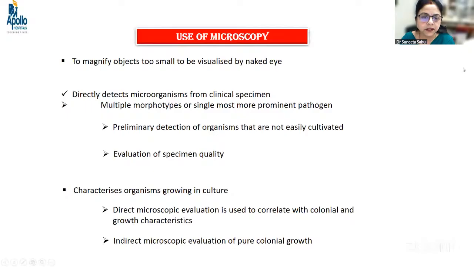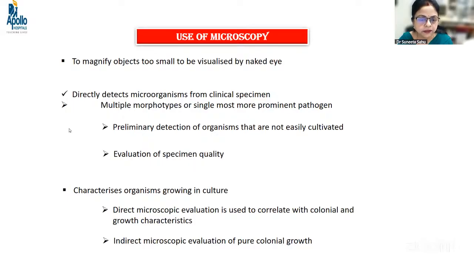Now, similarly, to elaborate more on the use of microscopy, it magnifies objects which are too small to be visualized by the naked eye, and it directly detects the microorganisms from the clinical specimen. We can see the multiple morphotypes or single most prominent pathogen which is present. We can give a preliminary detection of organisms that are not easily cultivable.